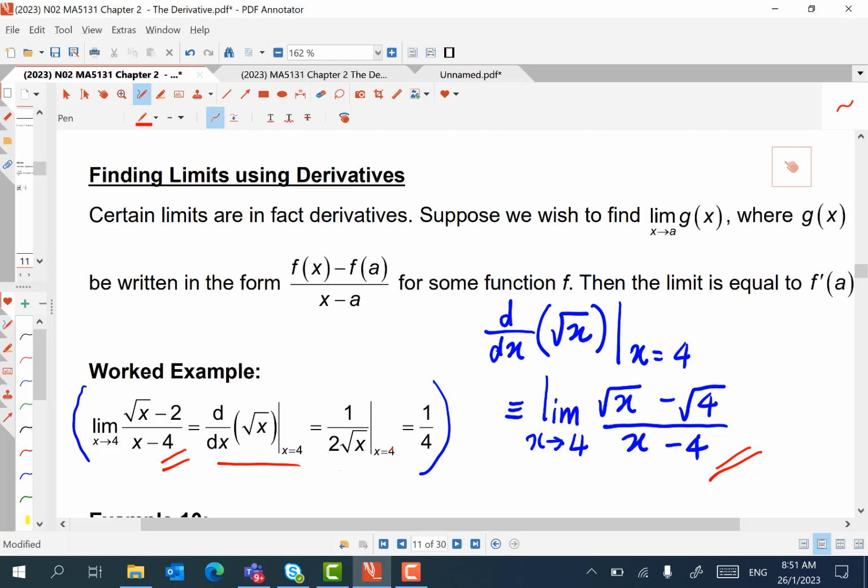In chapter 3, there's yet another one. So along the way, you picked up more methods to solve limits. There'll be some more down the road.